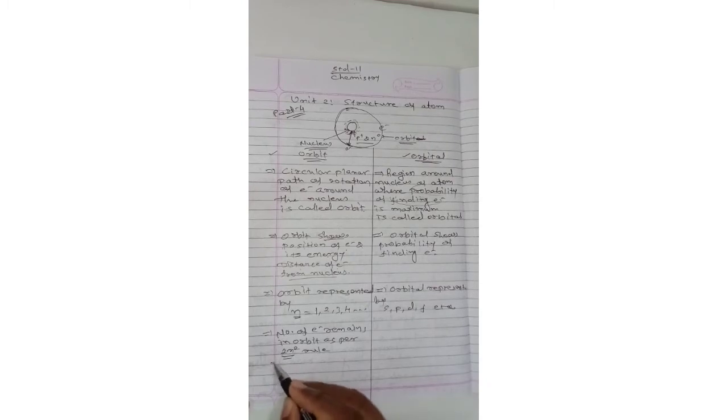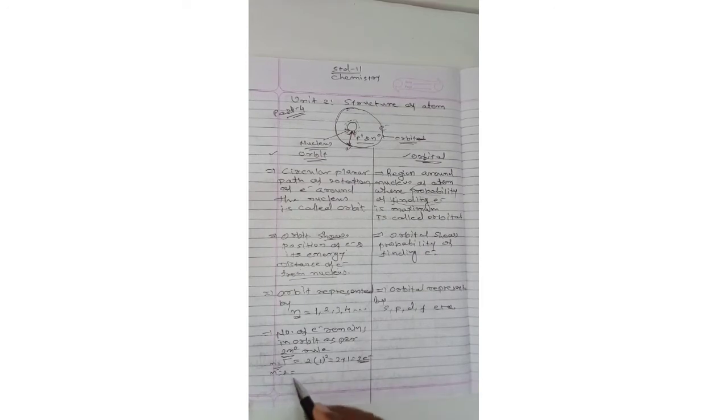Suppose n equals 1, that means 2 into 1 square, which is 2 electrons. So in the first orbit a maximum of 2 electrons remain.